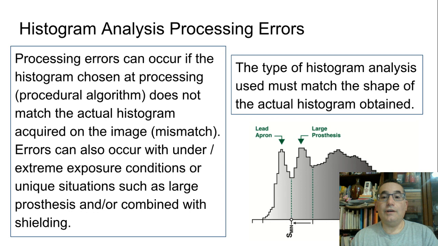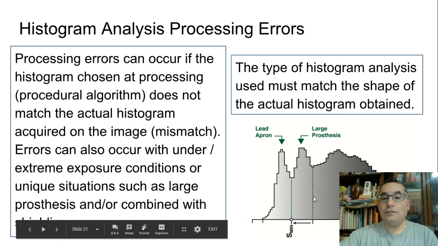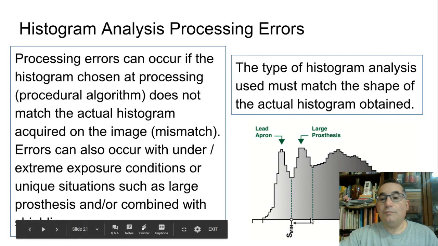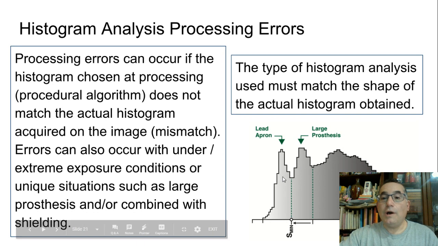So you can see here in this image of this histogram here, there's a large prosthesis that was not recognized, right? And if it is recognized, you can see that the S min should be over towards the right side. But unfortunately, this is included, while the lead apron was caught.